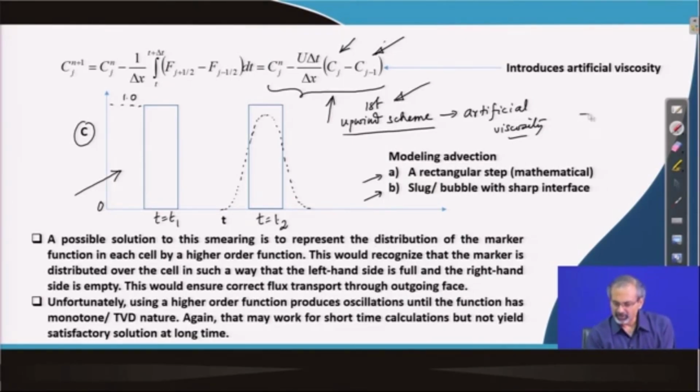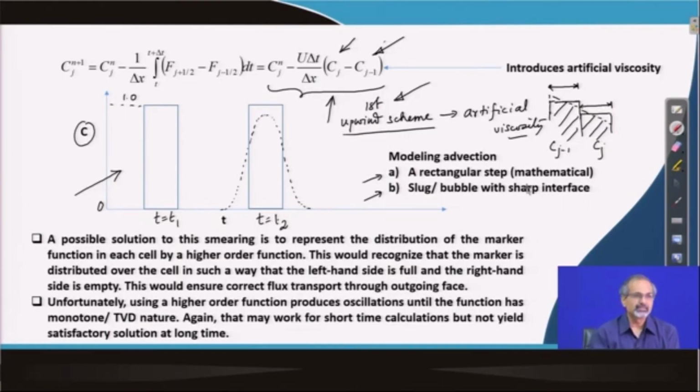So, instead of doing this step type of distribution, say C j minus 1 is looking like this, C j is looking like this, higher order reconstructions usually fit piecewise linear distributions. That means, in each cell there would be a piecewise distribution defined, and there are some geometrical bases on which these piecewise reconstructions are done. So, we will discuss it shortly.